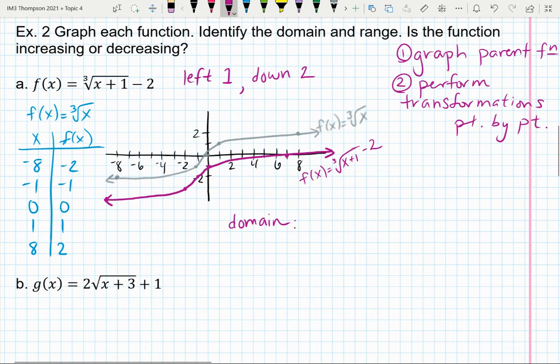So when I look left and I look right, domain continues on in both directions, left and right. So this is going to be all real numbers.